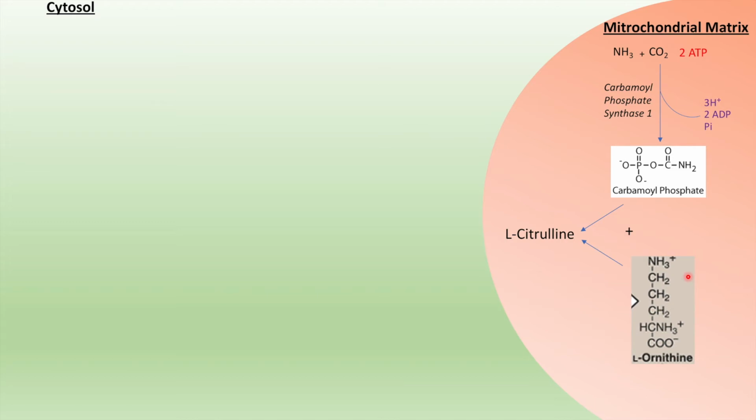What is the enzyme for this reaction? The enzyme for this reaction is ornithine transcarbamylase. One thing I want to mention: when you see synthase, it means it's building. When you see an enzyme ending in -ase like lyase, it means it's breaking down.